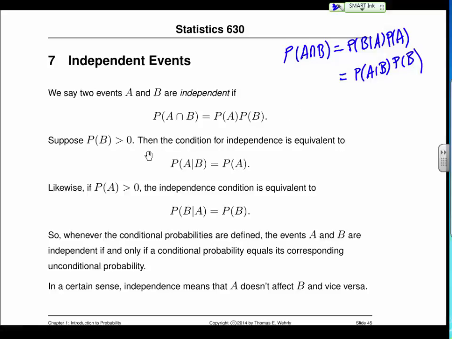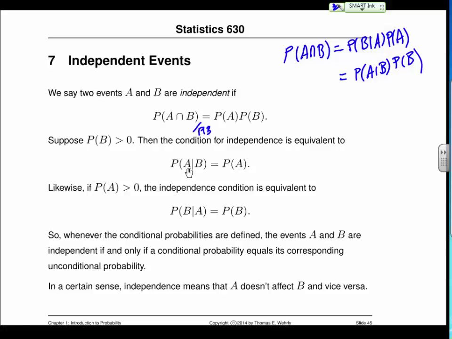Now, if the probability of B is greater than 0, we can look at this last expression, and if we divide both sides of this by the probability of B, that gives us a conditional probability on the left.